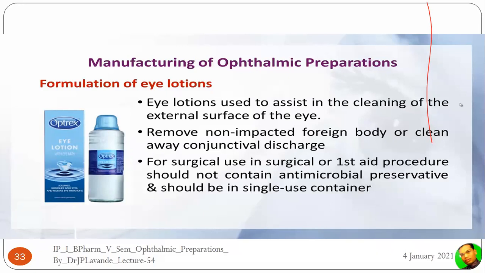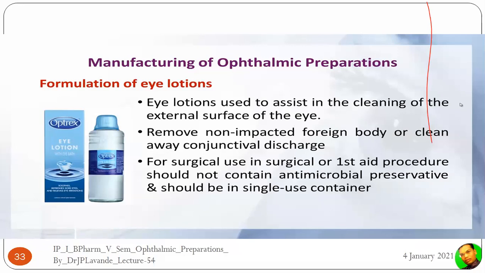For surgical use, in a surgical or first aid procedure, the lotion should not contain an antimicrobial preservative and should be in a single-use container, because there is then no chance of contamination.